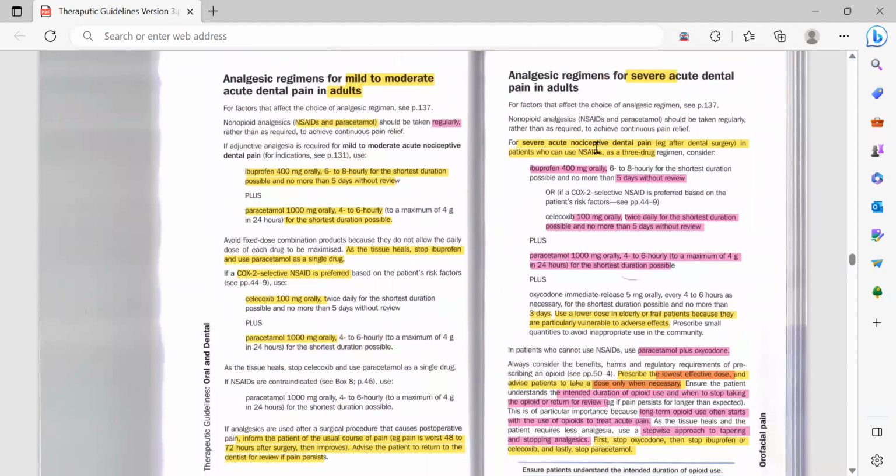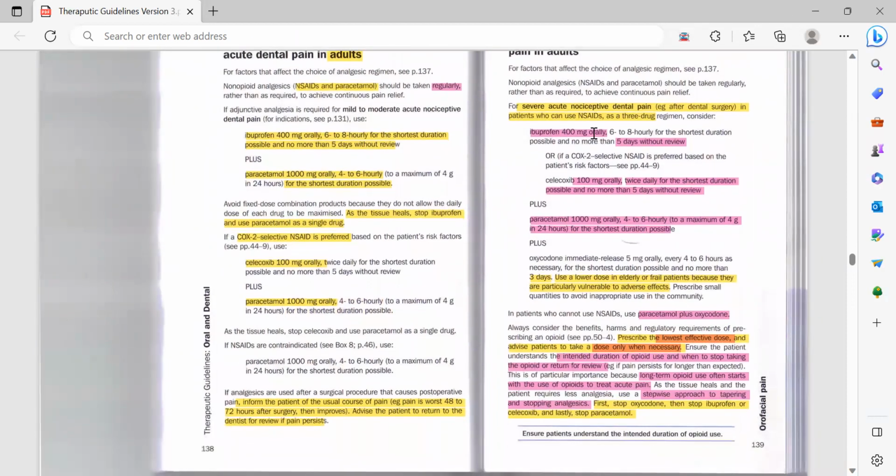So for severe acute dental pain, you need to prescribe the patient a three drug regime, which is ibuprofen and/or celecoxib. If in a certain scenario you cannot give the patient ibuprofen, then you need to prescribe celecoxib plus paracetamol plus oxycodone.